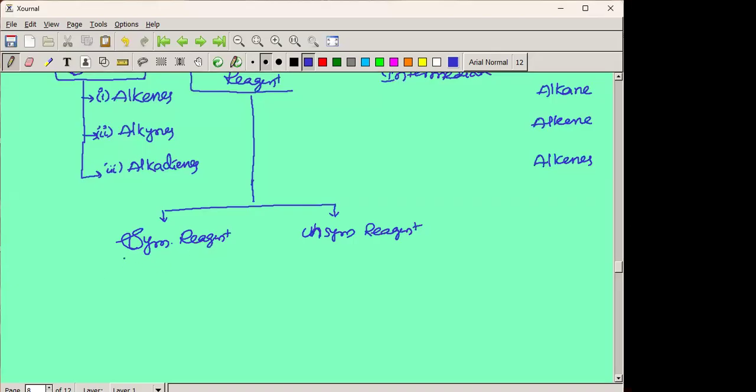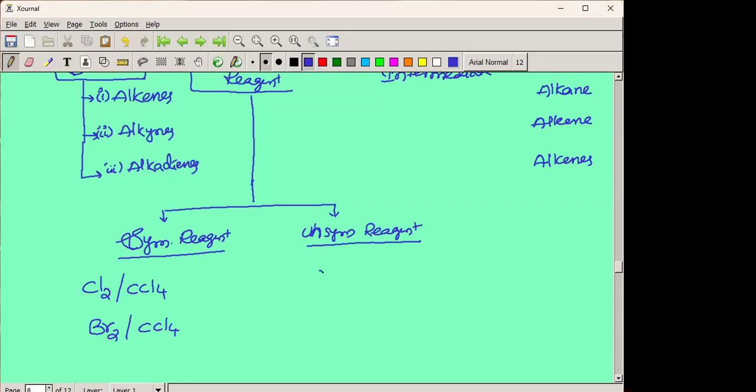The symmetrical reagents are chlorine taken in CCl4, carbon tetrachloride, as a solvent, and bromine taken in CCl4. Those reagents are considered symmetrical reagents.